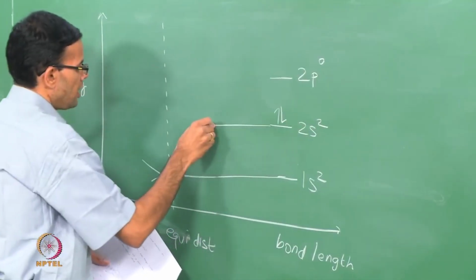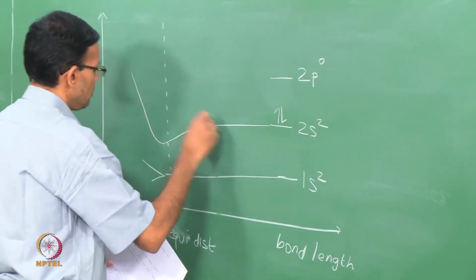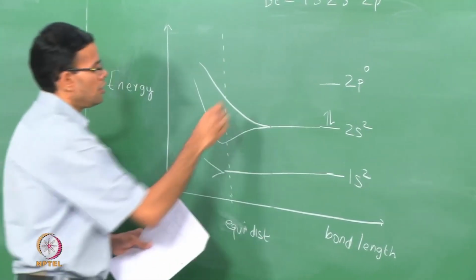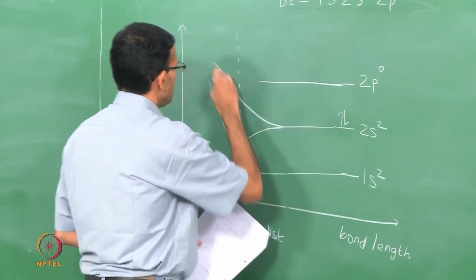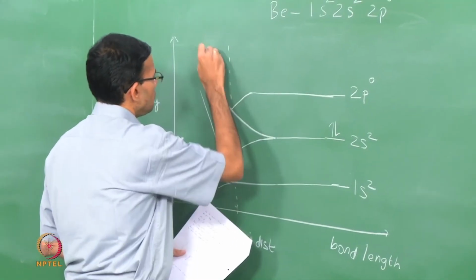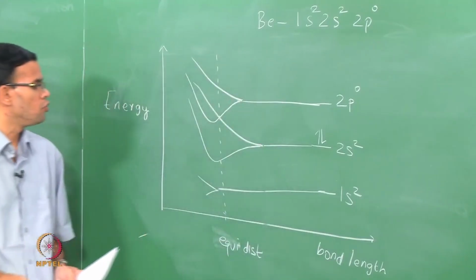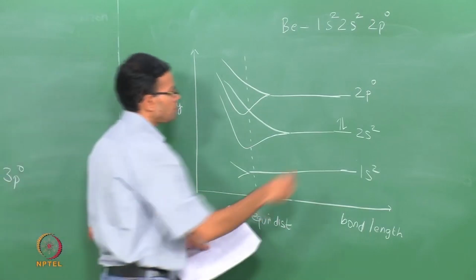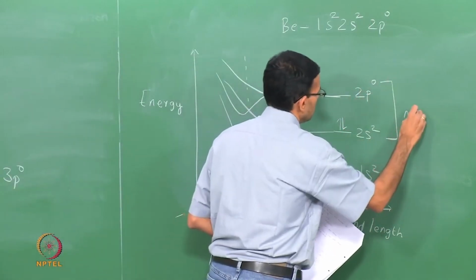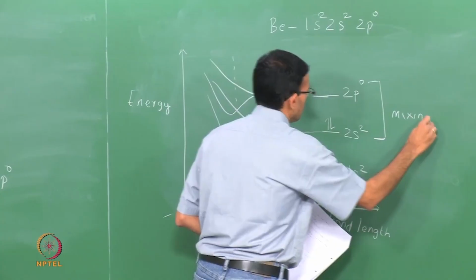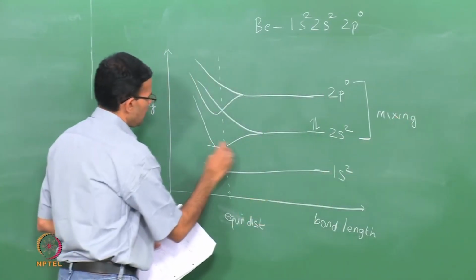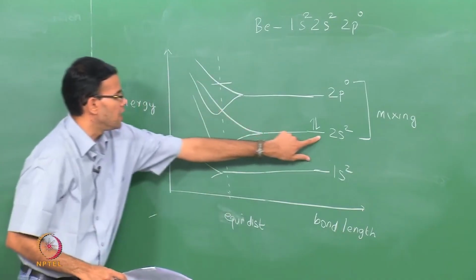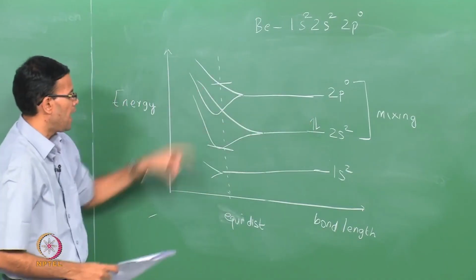So when you draw the bond diagram, this is your 2s shell, but you also have the 2p0 shell. So what you have is a mixing of the 2s and the 2p, so that this whole thing, which is a mixture of the 2s and the 2p, forms a band.